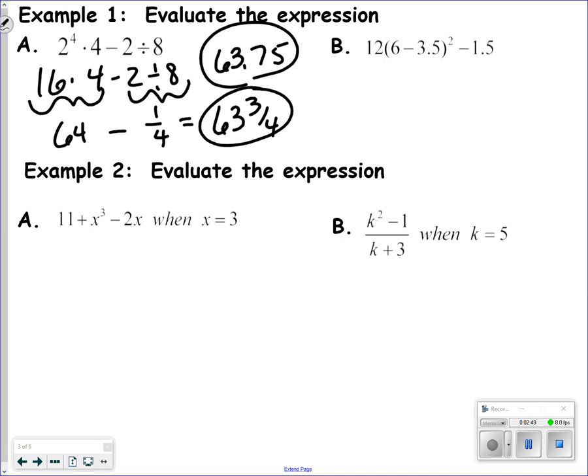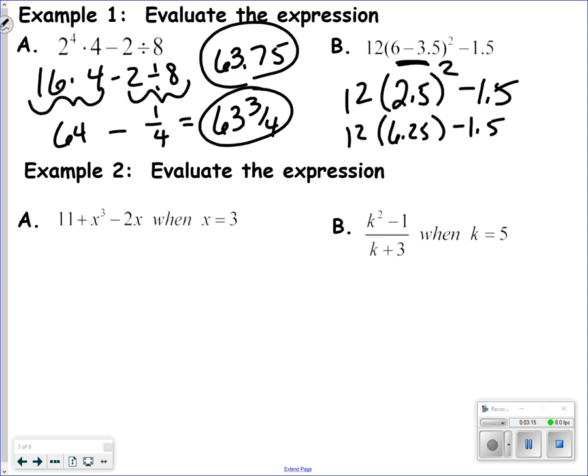Next one, parentheses, exponents, multiply, and divide. I'm going to do the parentheses first. 6 minus 3.5 would be 2.5. Now you're going to need a calculator probably. 2.5 squared is 6.25. So now 12 times 6.25 would be 75.